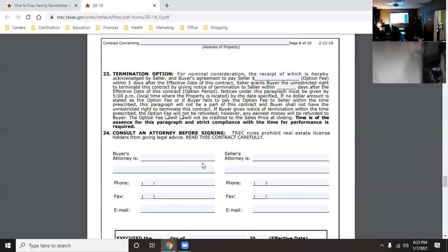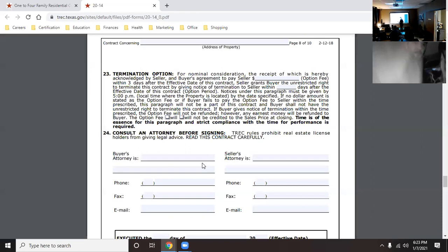However, any earnest money will be refunded to the buyer. The option fee will or will not be credited to the sales price at closing. Again, time is of the essence for this paragraph, and strict compliance with the time for performance is required.